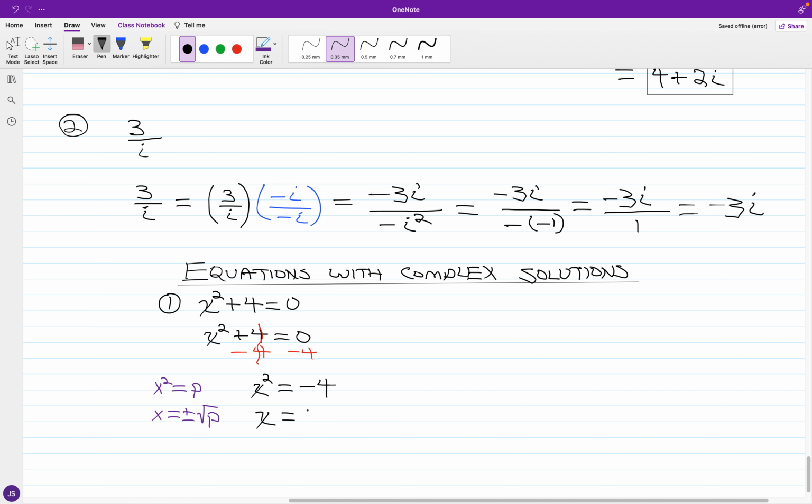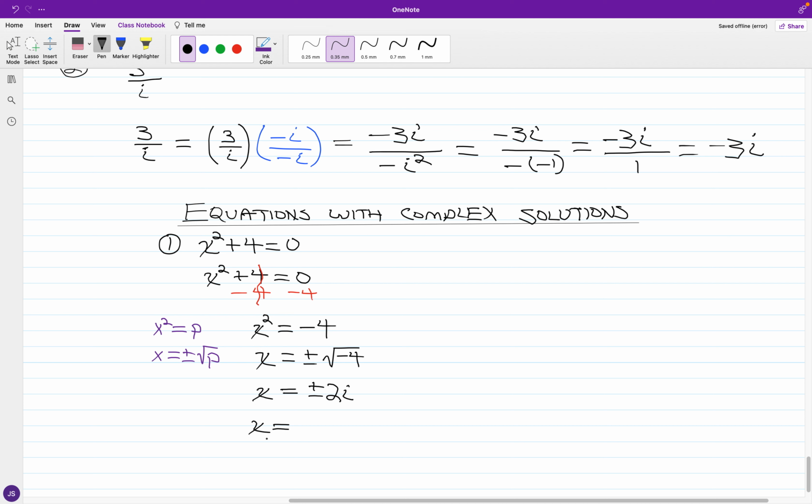And so we have that x is equal to plus or minus the square root of -4. And here we're going to have x is equal to plus or minus 2i. So you have two complex number solutions, 2i as well as -2i.